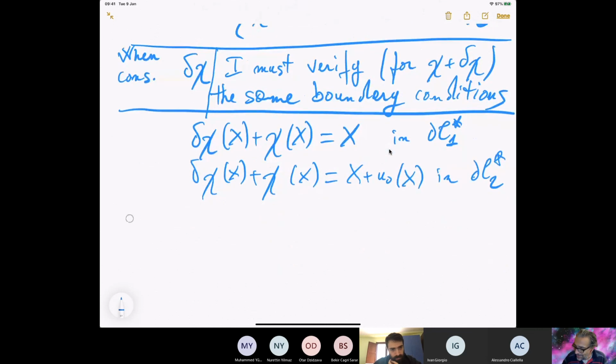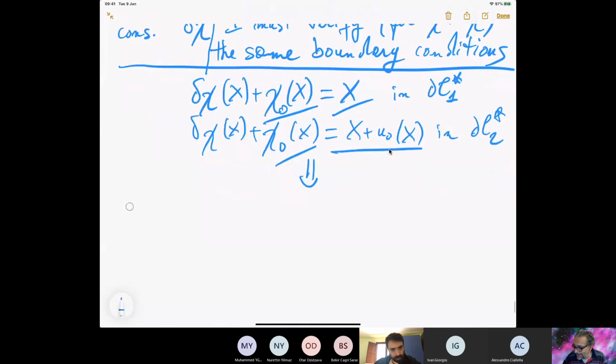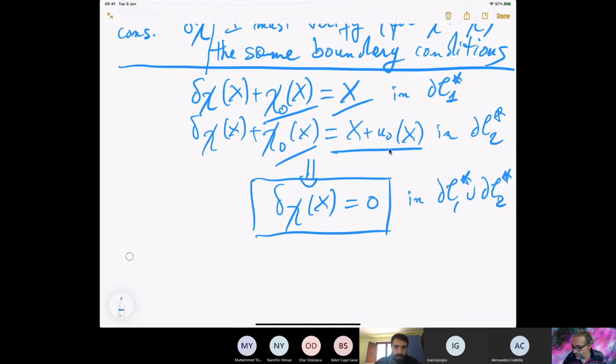But as chi_0 verifies these boundary conditions, this implies that delta chi of x is 0 in delta C star 1 union delta C star 2. You cannot vary, looking for minima, the position of the imposed displacement.